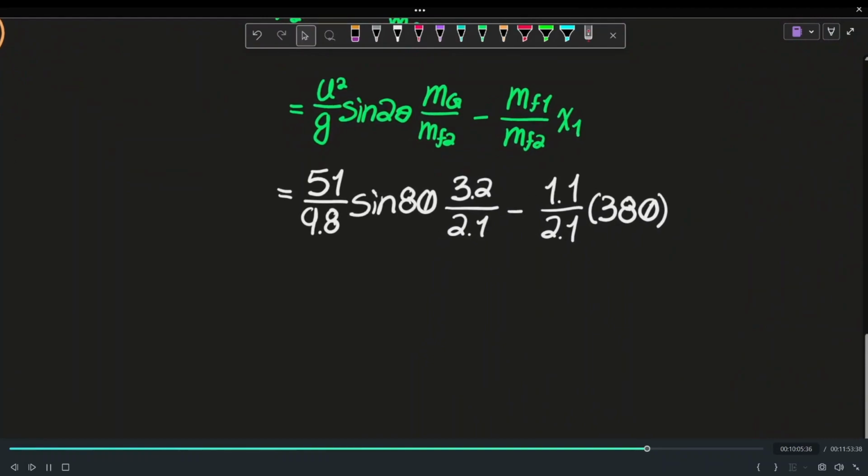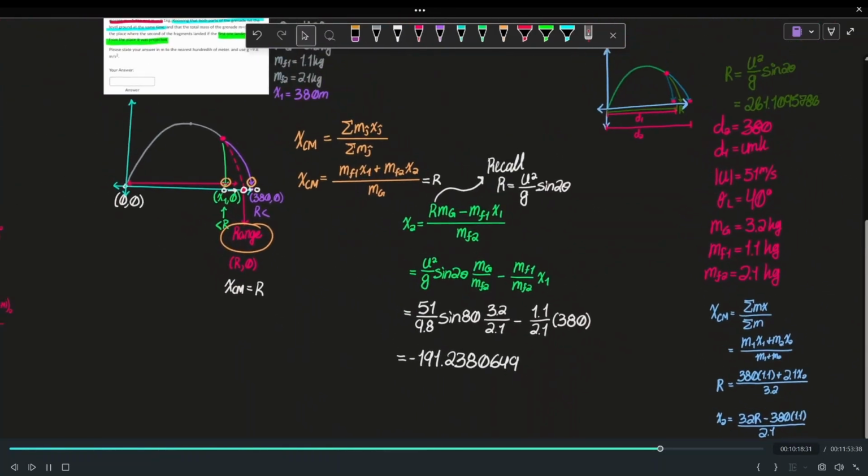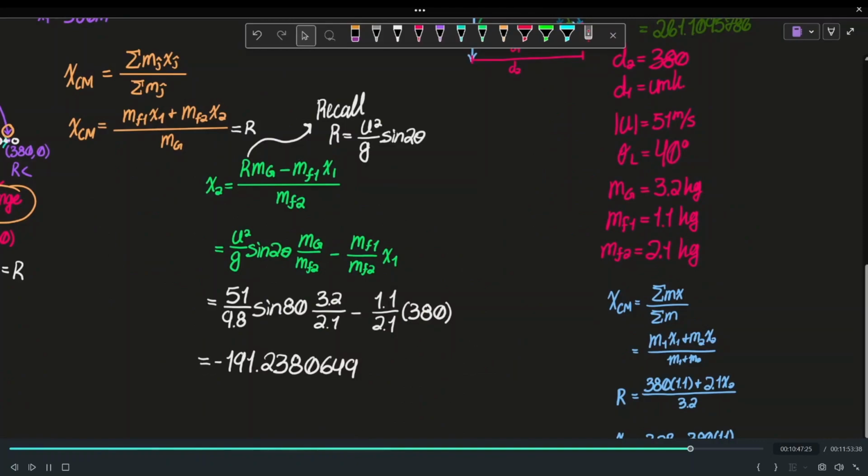So we get negative 191.2380649. Now why is it negative? Did I square? Oh, that's why. Yep, I didn't square the velocity.